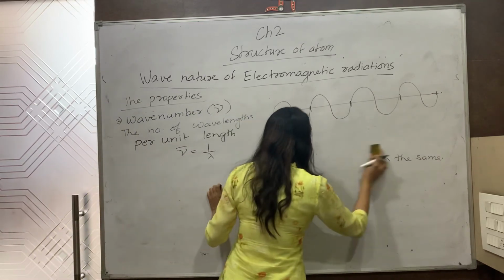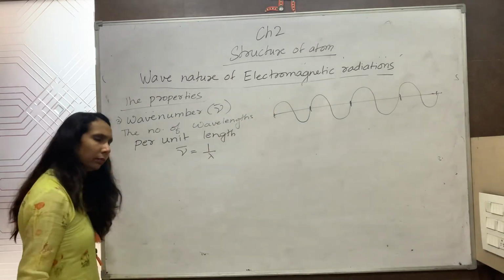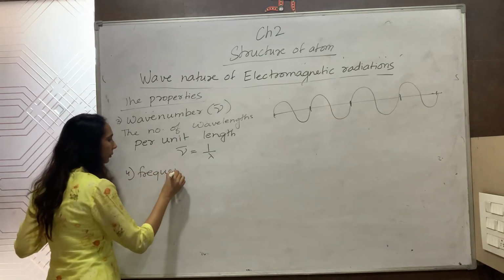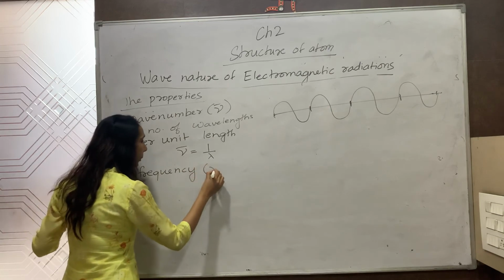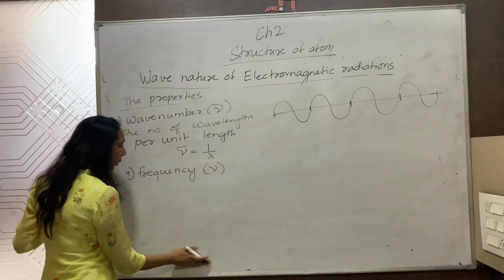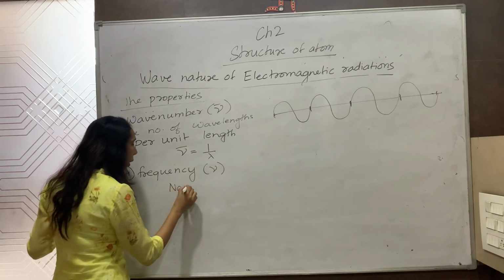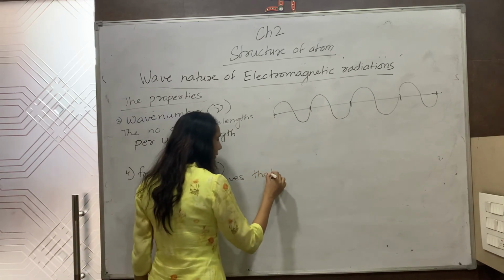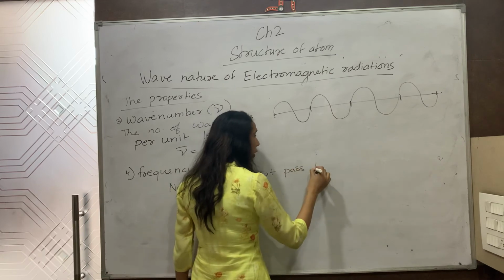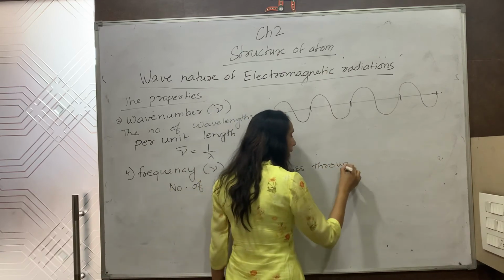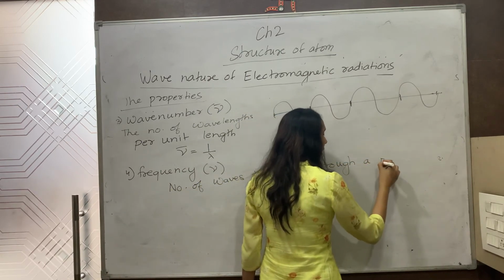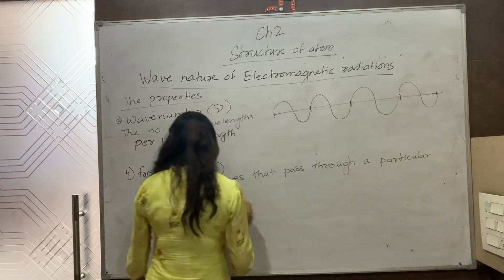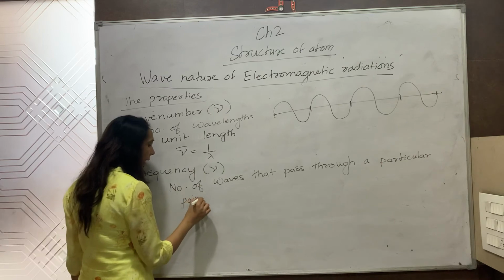Next comes frequency, represented by mu. Frequency is the number of waves that pass through a particular point per second.